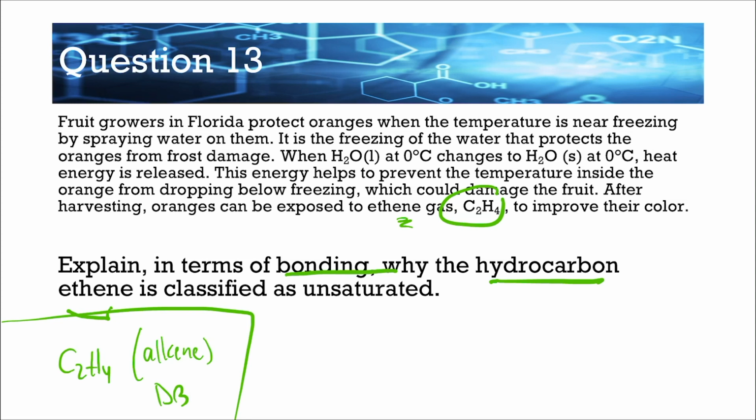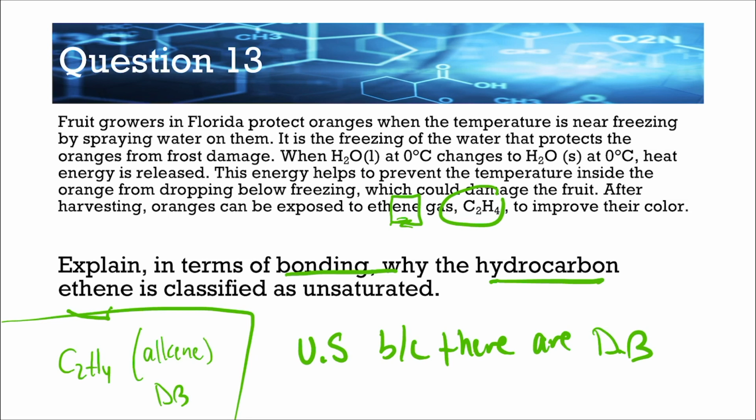So we can say it's unsaturated because there are double bonds. That's all you had to have said. And again, you know that because of the ending E-N-E. You can also see that the formula fits into the alkene family, CnH2n.